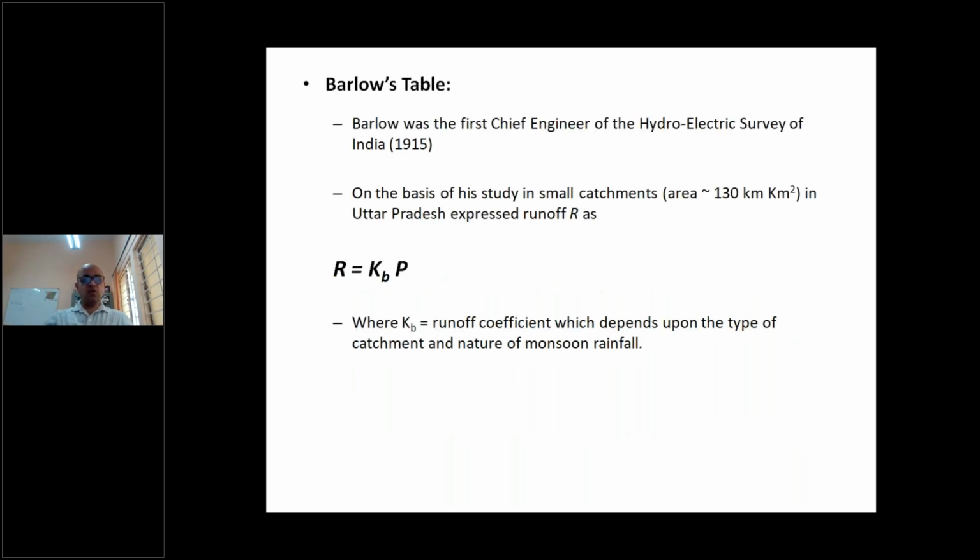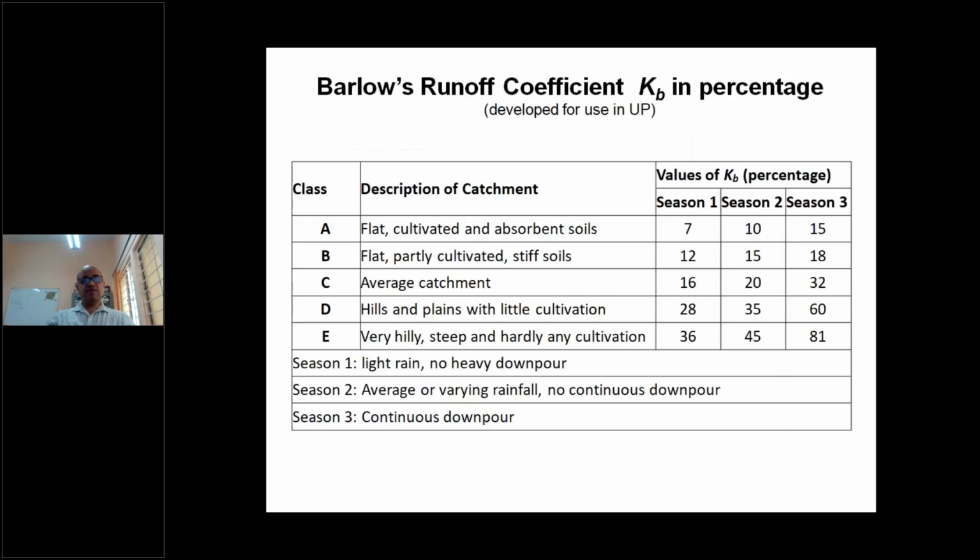Then there is Barlow's table, which tries to correlate runoff with precipitation, and he published this kind of table for different catchments. Class A catchments are flat, cultivated catchments with a specific kind of soil, then there is an average catchment, a hilly catchment, and a very hilly catchment.